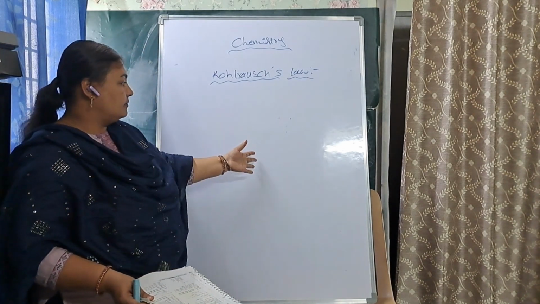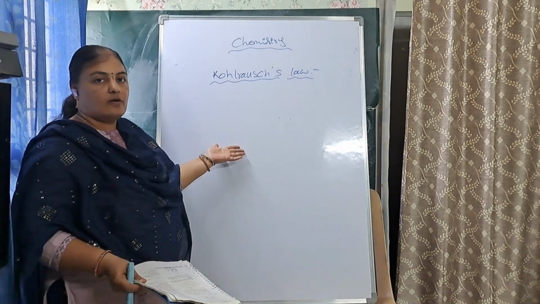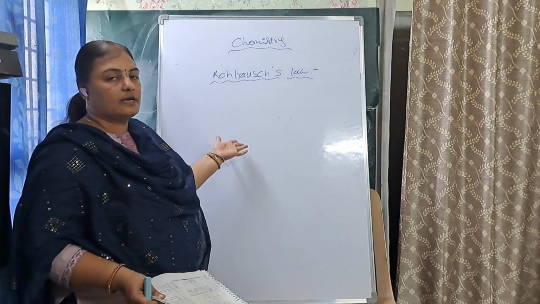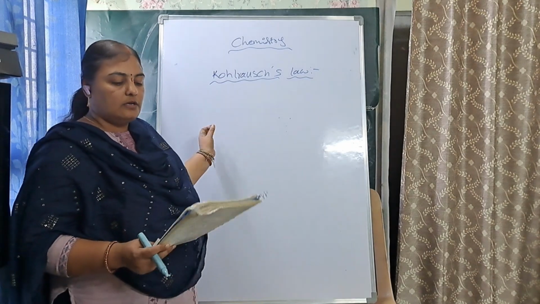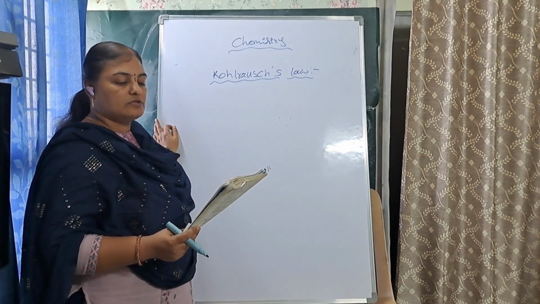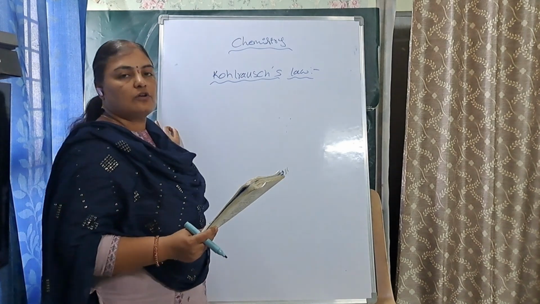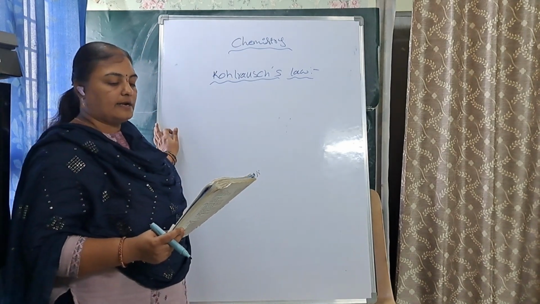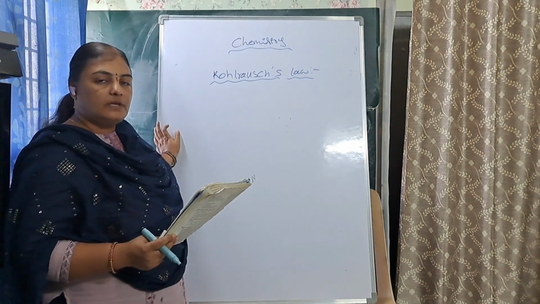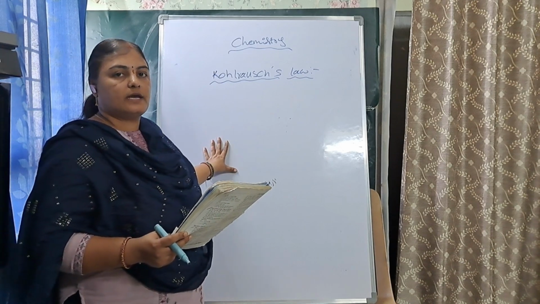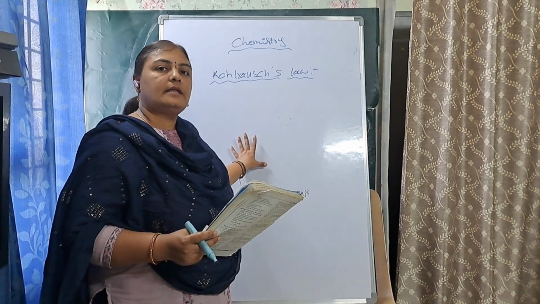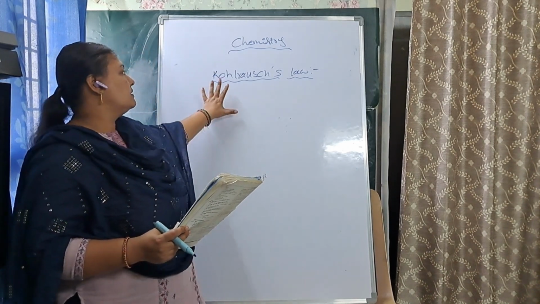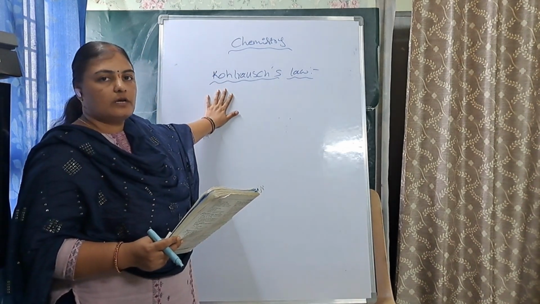Just like in the previous reaction, we took zinc sulfate and copper sulfate; that solution is called the electrolyte. The limiting molar conductivity of an electrolyte is equal to the sum of the individual contributions of the anion and cation of the electrolyte. This information we get from Kohlrausch's law.